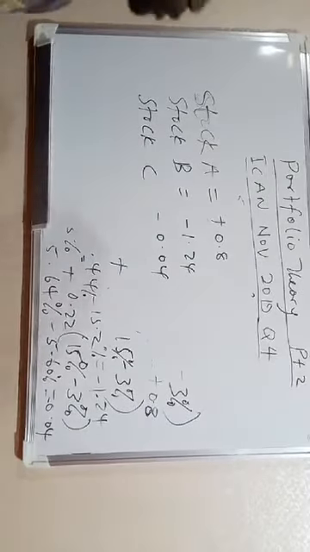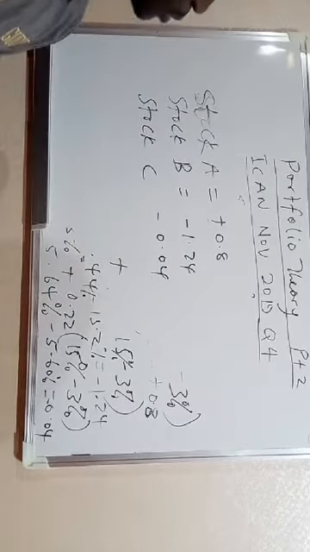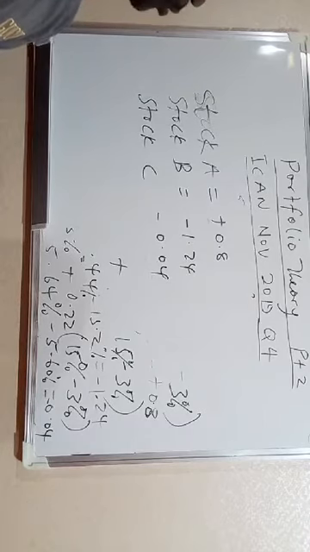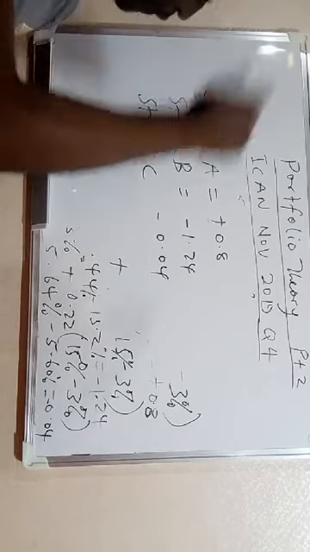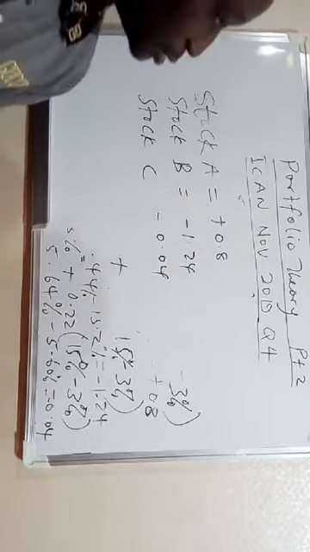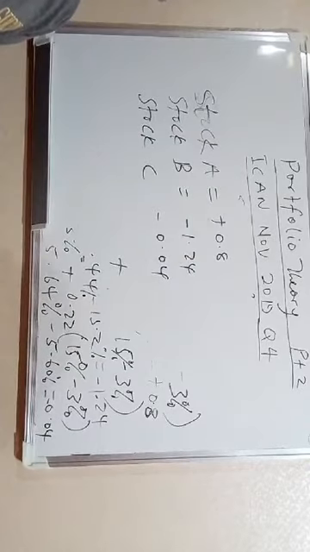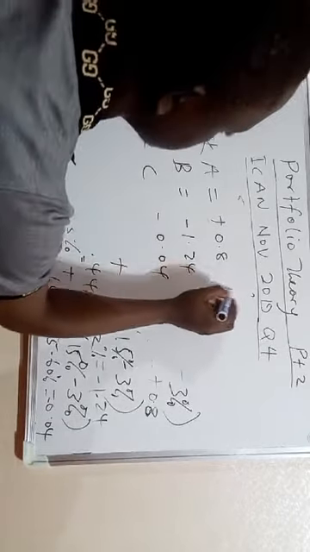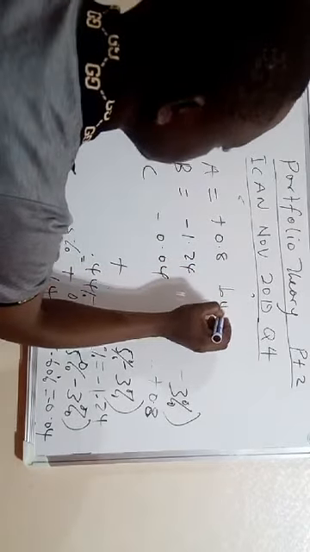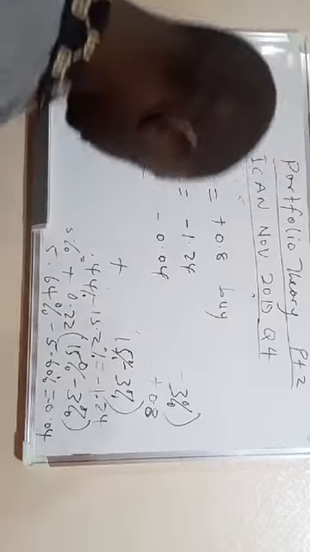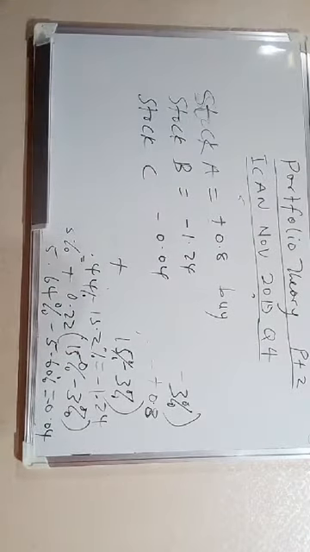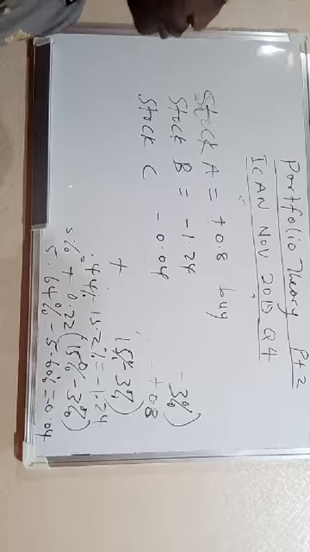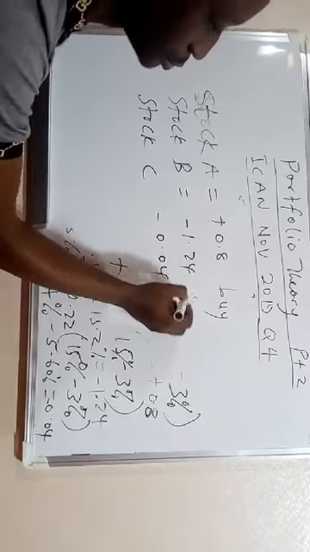Now, which of them can we say that we should buy? I said if it is a positive sign, like 0.8, it means that it is undervalued and we need to buy. Negative sign is overvalued, we need to sell.